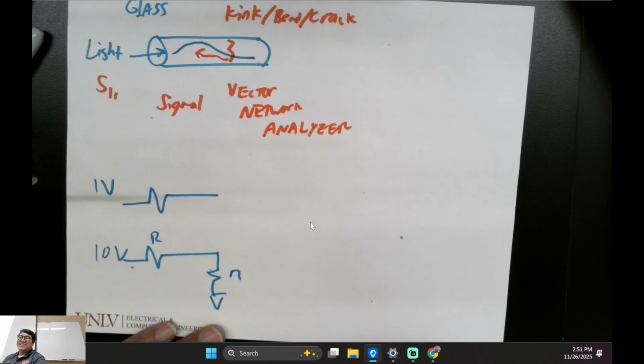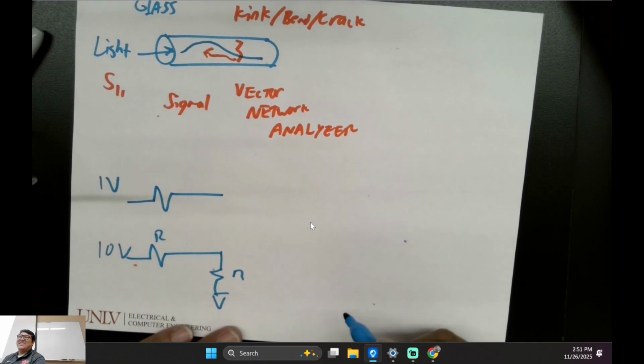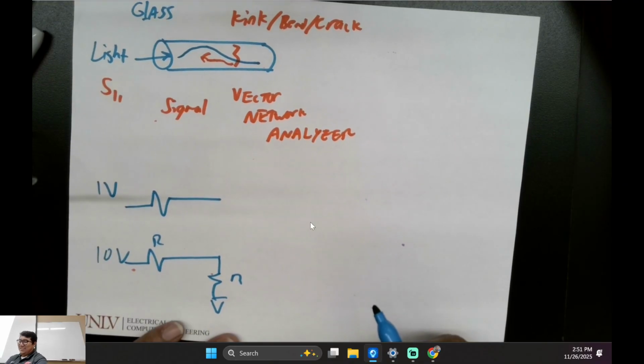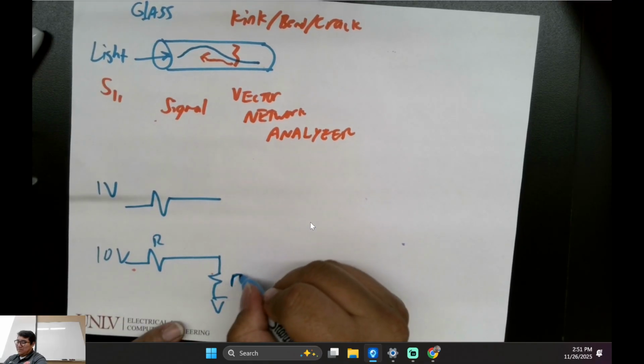Without thinking. Come on, this is the easy question. I'm going to put this on my final exam. If I have 10 volts here, I have a resistor here, I have another resistor here.